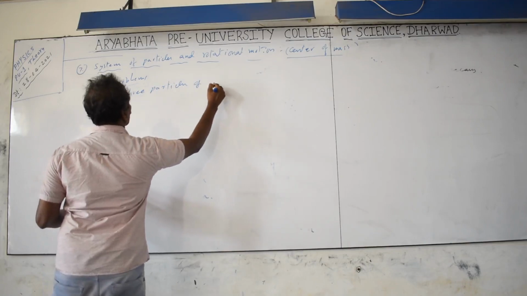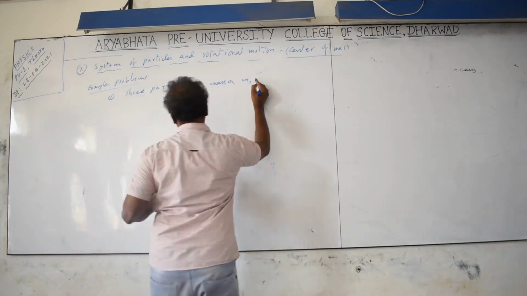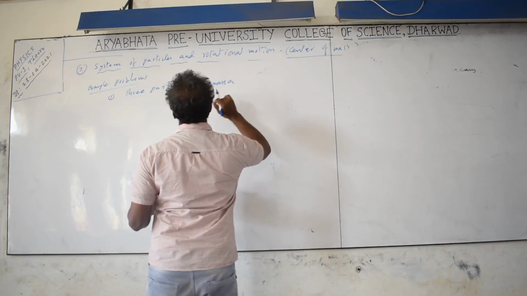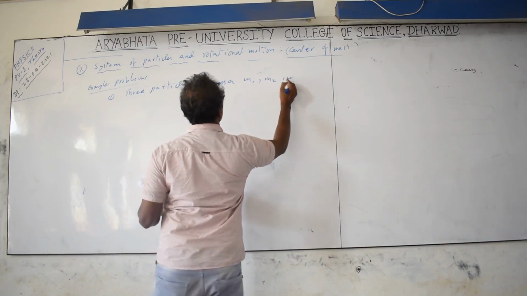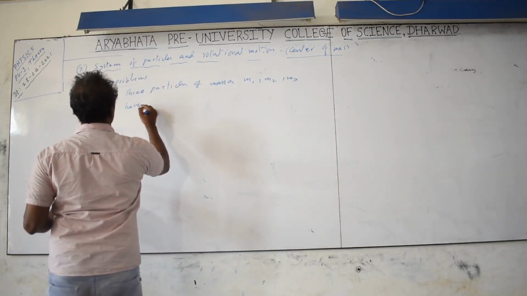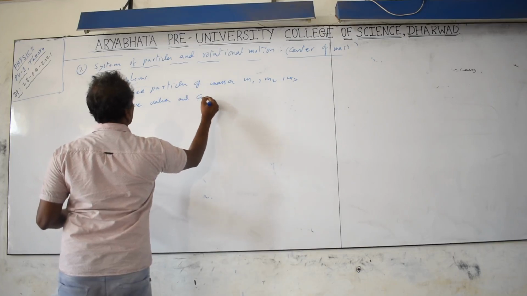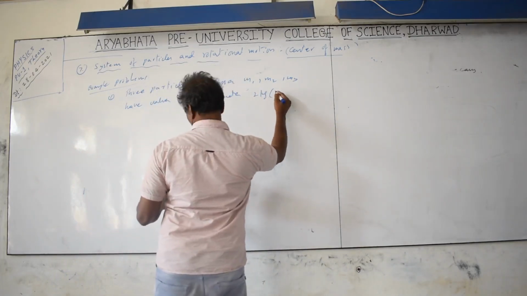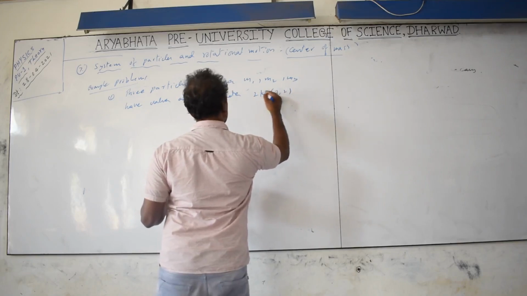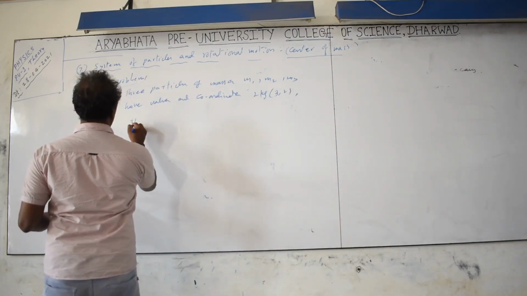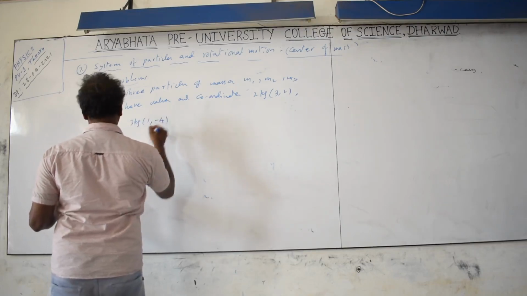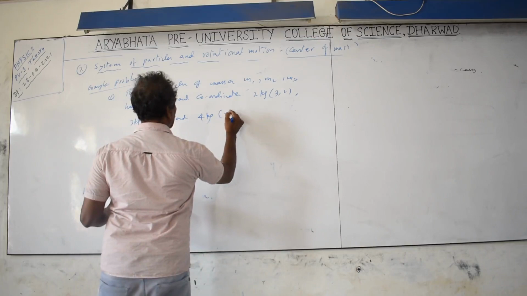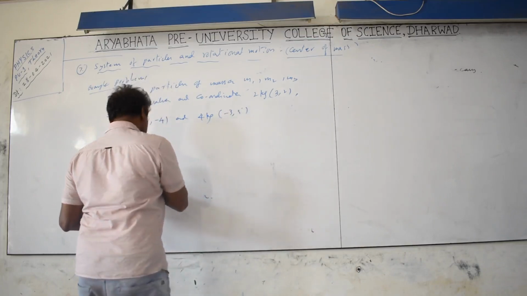3 particles of masses m1, m2, m3 have values and coordinates: 2 kg, (3, 2); 3 kg, (1, -4); and 4 kg, (-3, 5), all in meters.